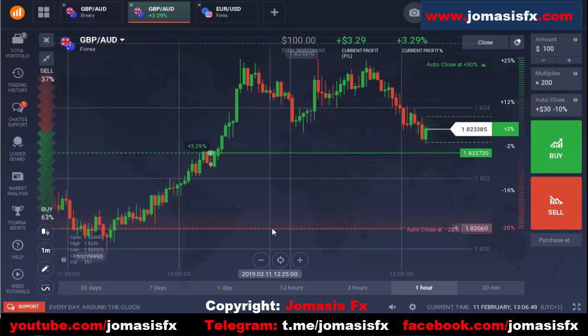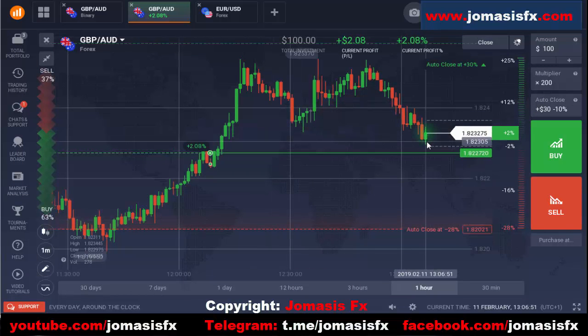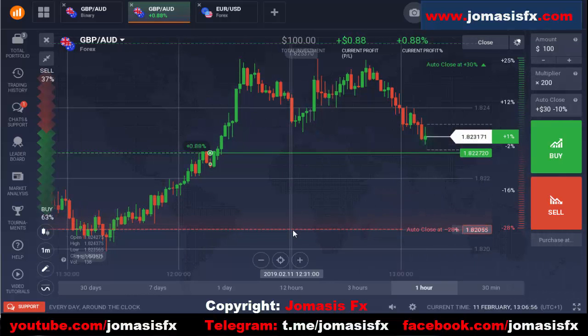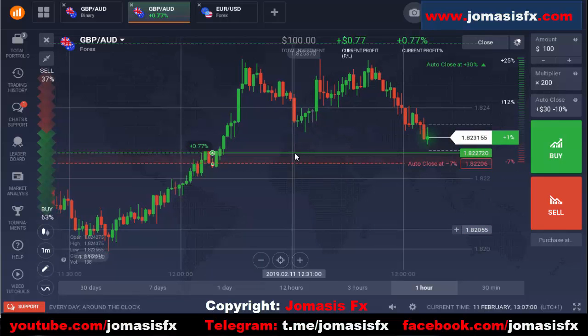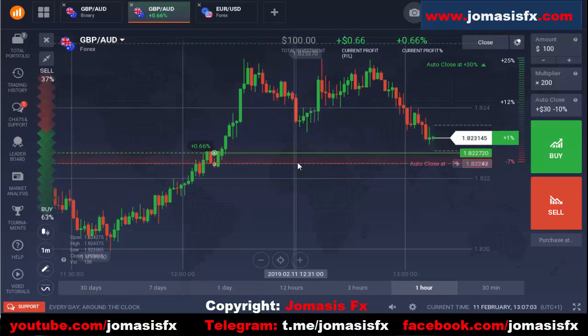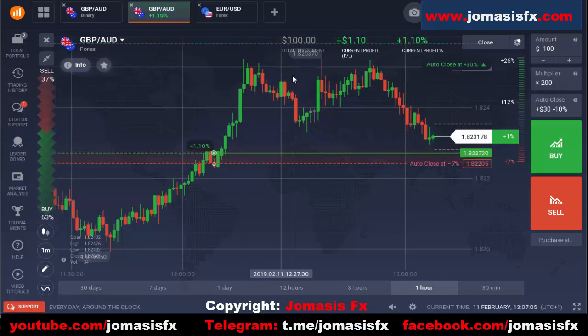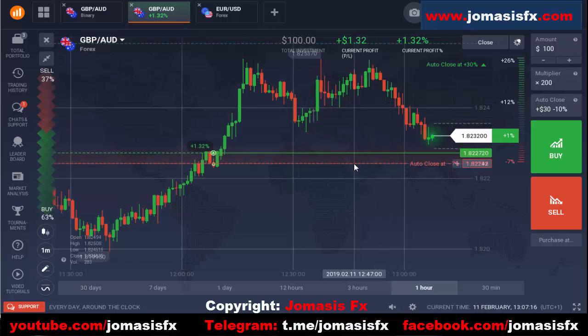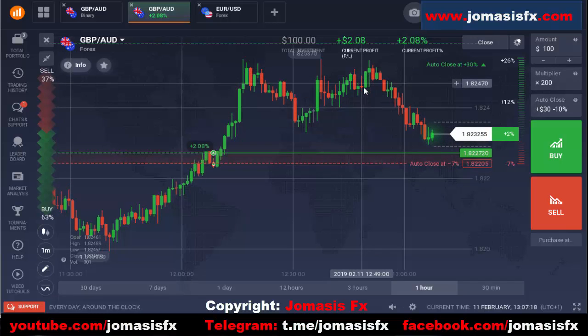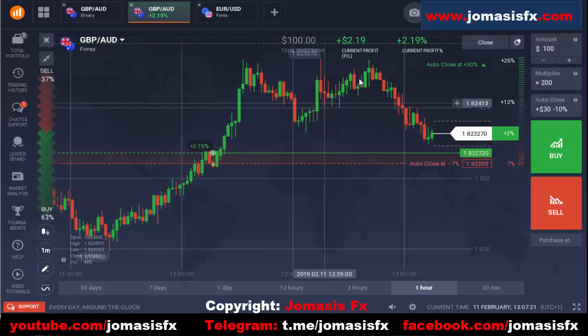But now, since the current market price is here, I won't be able to move my stop loss to that level. This is the limit I can move my stop loss. But when the market was here the other time, I could move this stop loss to this level, so that as the market decided to decline, my stop loss would have been waiting here.